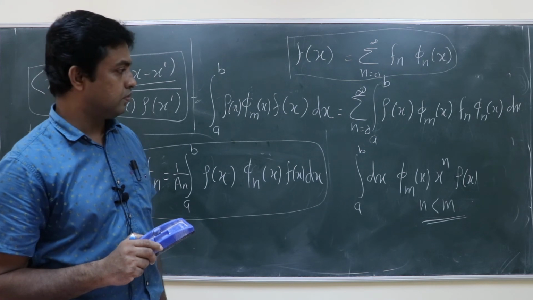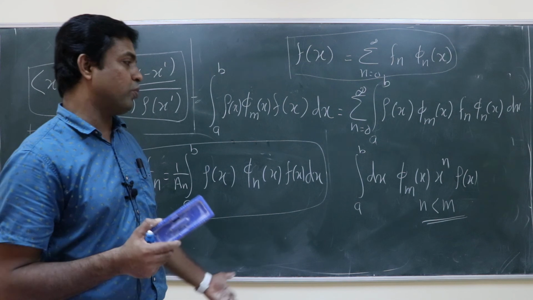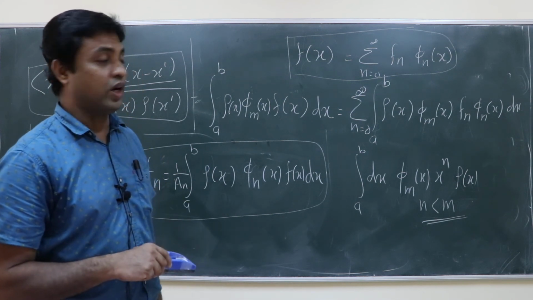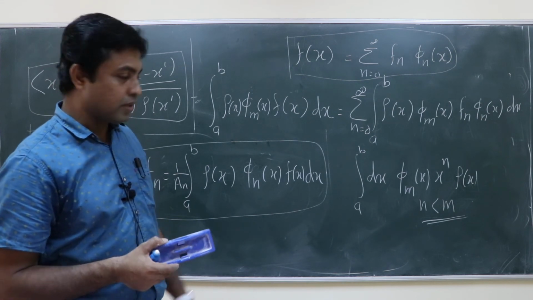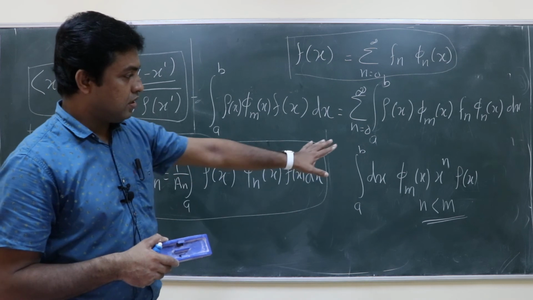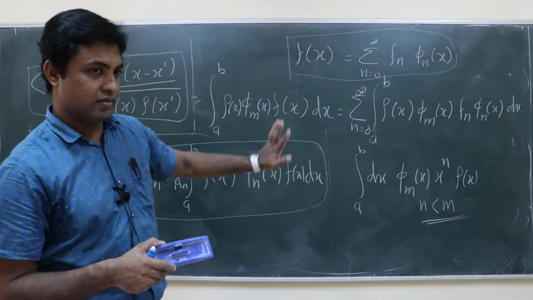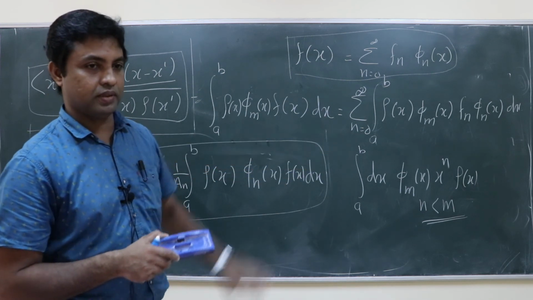I'll give you 15 more seconds or 1 more minute. After that, I'll give you the answer. Then you justify that answer if you can't find it. Okay. You just think for some more time.